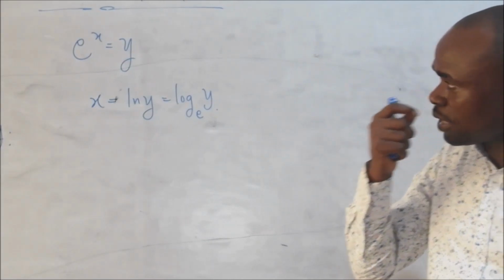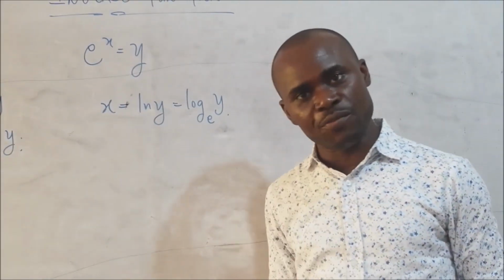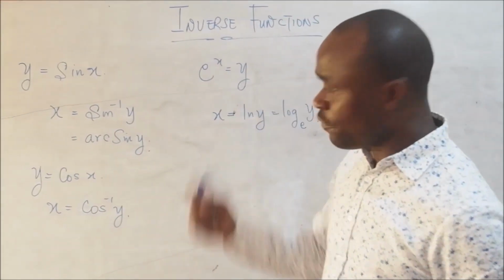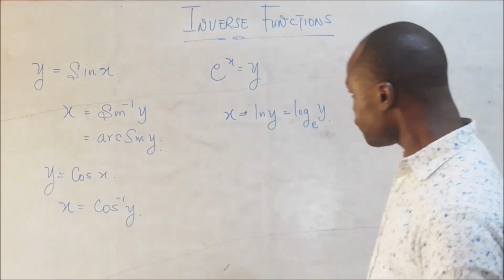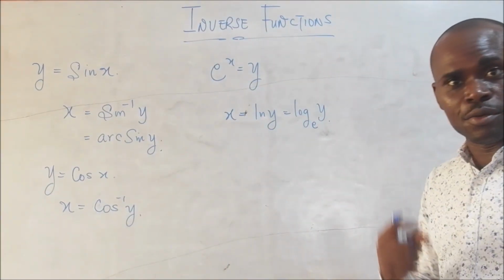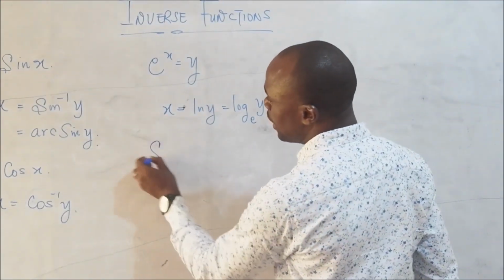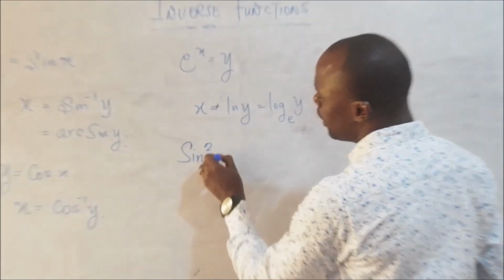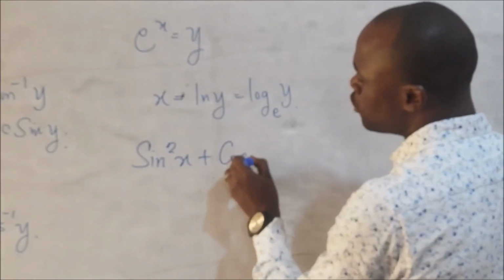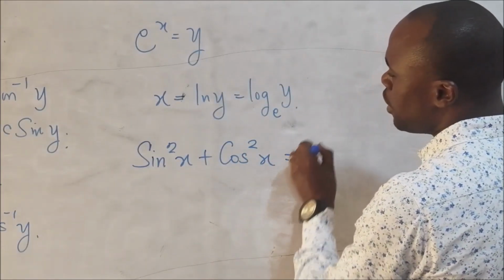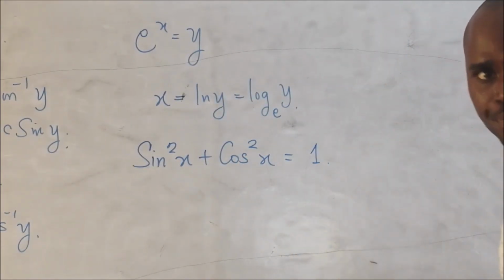What I want to discuss is how we find their derivatives, how we differentiate such functions. So this is how we handle it. Remember from elementary trigonometry that sine square x plus cos square x is equal to 1.